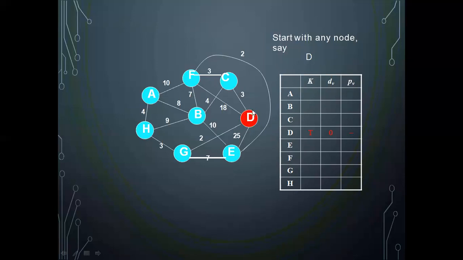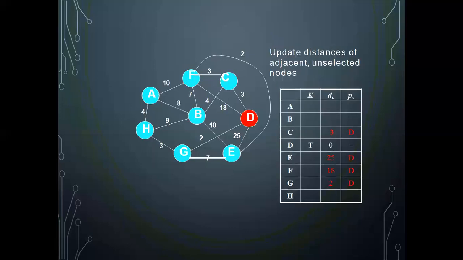What is the next step? I should see what all are the edges which will be connecting D to the other vertices in the graph. I have edges like DC, DG and DE and DF.